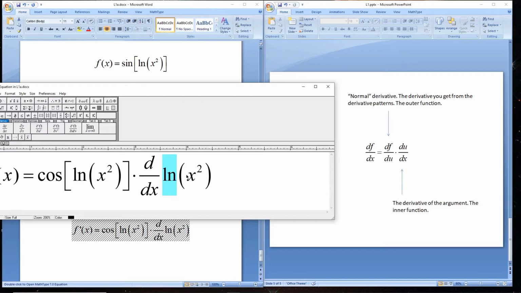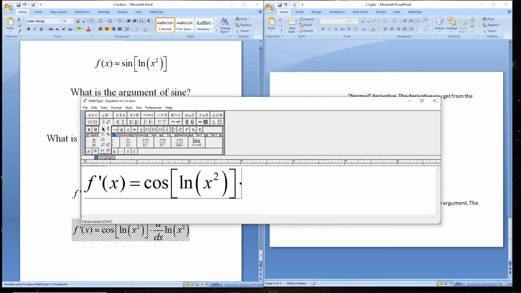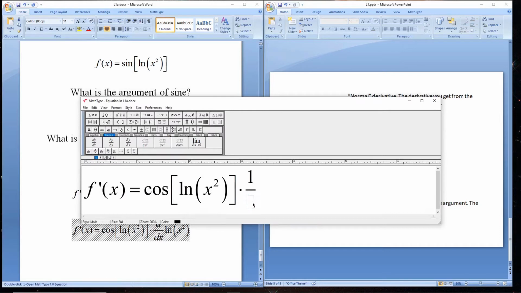The chain rule says take the derivative of the outer function like you normally would. That's straight derivative pattern. And the derivative of log, natural log, is 1 over x.